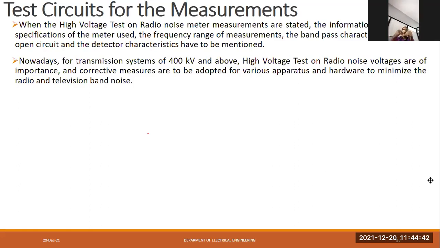Whenever our transmission system is around 400 kV or above, at that time such corrective measurements we need to take into picture, and you have to minimize the television as well as the radio band waves, or the band noise, or the frequency interference due to such radio as well as television, that should be stopped.